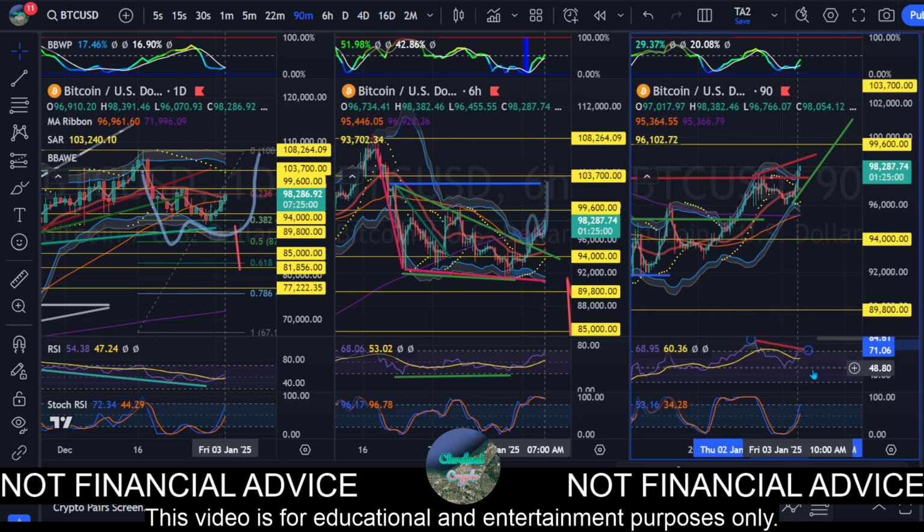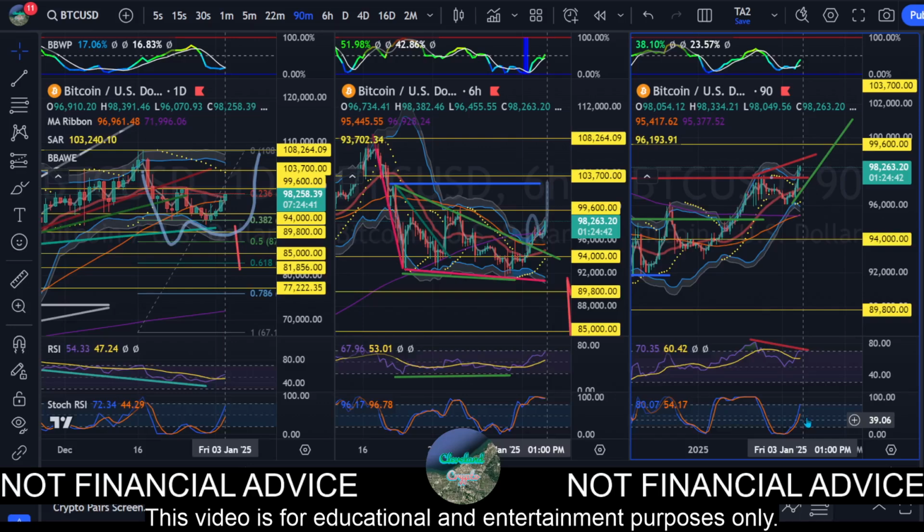Possibly. Why do I say possibly? Well, because it's currently putting in that high, and it could change. If this keeps on ripping, RSI could keep ripping, and once it gets up to like 78, well, then that divergence goes away. So it's a possible divergence. So just keep an eye on that.